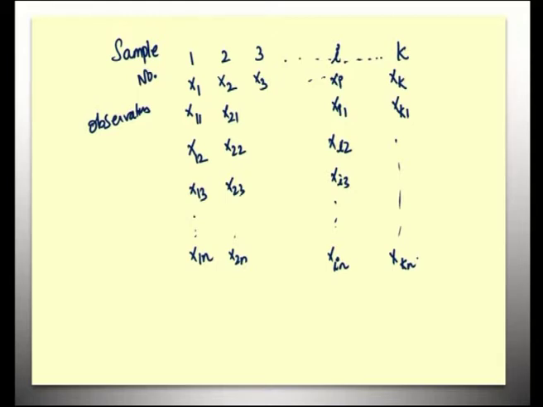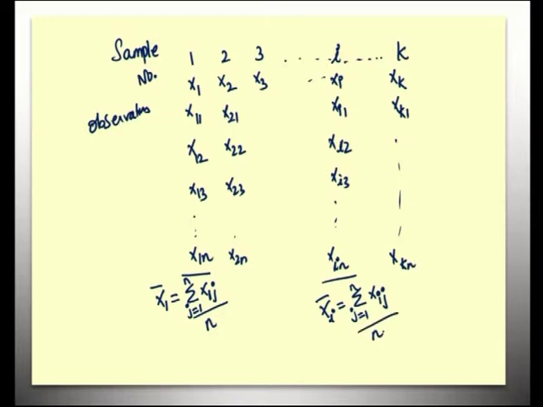When you talk about the mean of the first sample, x1 bar is equal to summation of x1j, where 1 is fixed and j ranges in the second suffix. How many items are added? n items are added, therefore j is equal to 1 to n. In general, xi bar is the summation of xij, where the first suffix i is fixed and the second suffix is j, the summation ranges over j, divided by n.